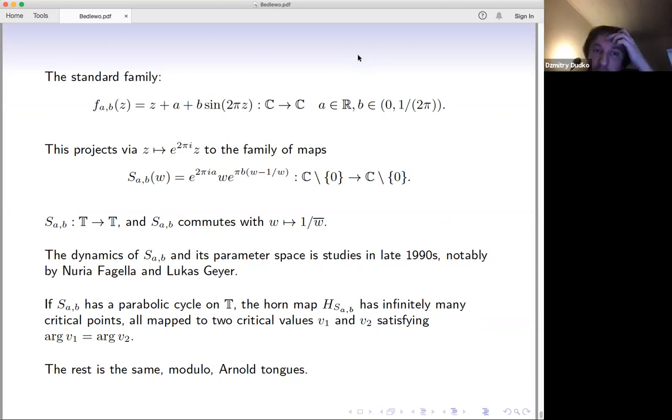But is it possible to construct an example with a trivial centralizer in the Bruno class? Or would you expect that such an example doesn't exist? Sort of what I'm asking is some kind of a little bit worse arithmetic than a good arithmetic that guarantees linearization.